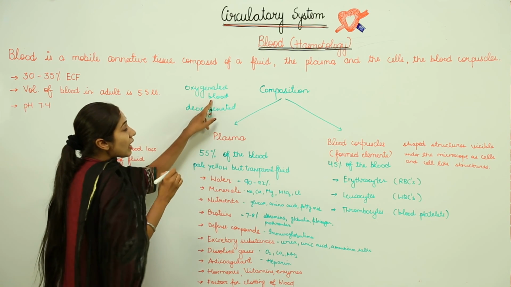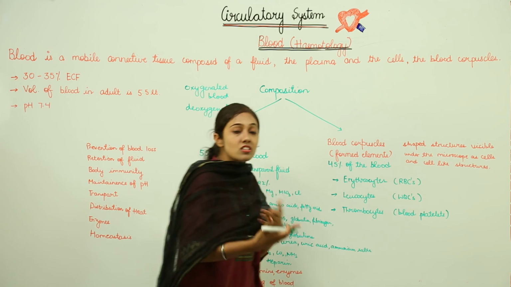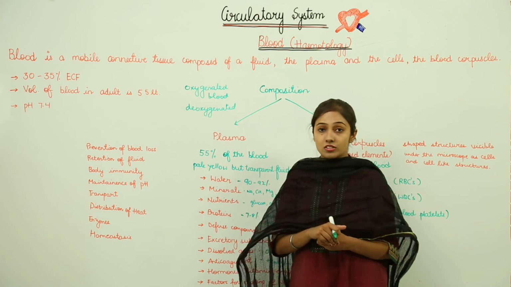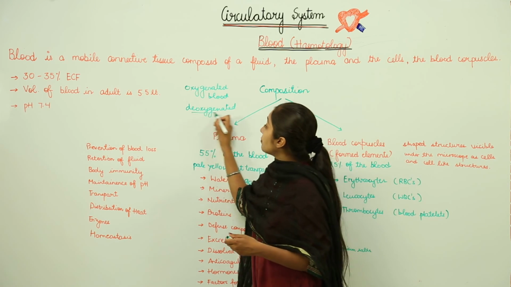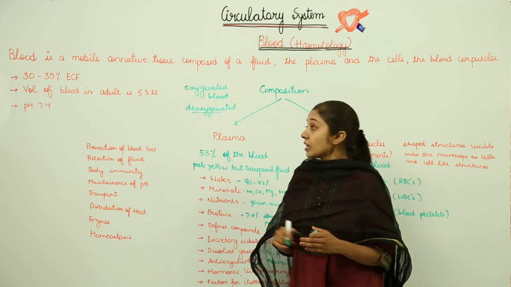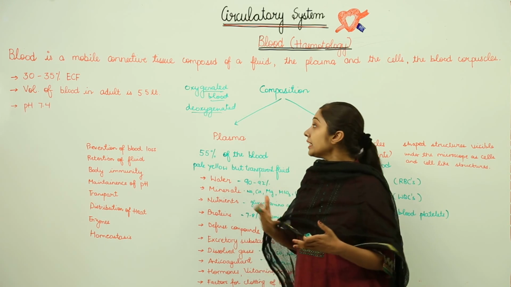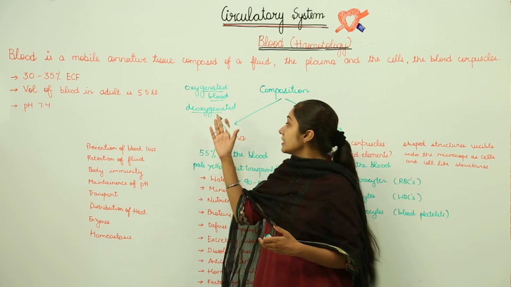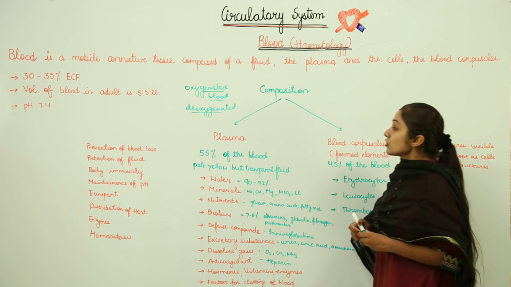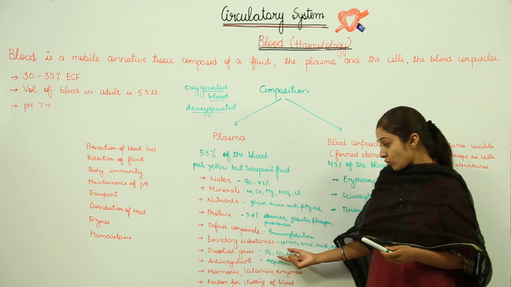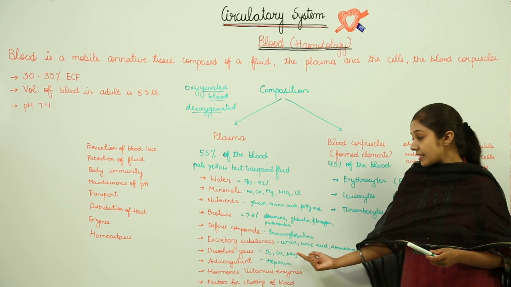So oxygenated blood means the blood that is rich in oxygen, and deoxygenated means the blood that is deficient in oxygen. So it is deeper red in color, dark red in color. So we have bright red colored oxygenated blood and normally dark red colored, that is deoxygenated blood, right? So we have now the dissolved gases. I told you oxygen, carbon dioxide and ammonia.